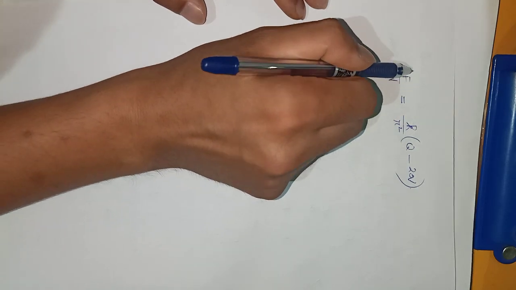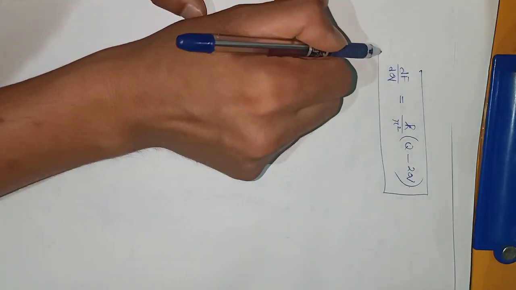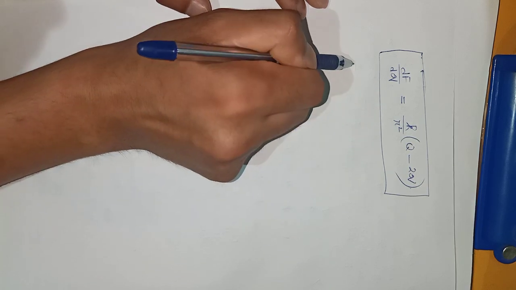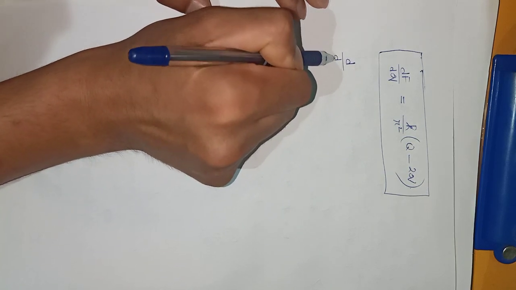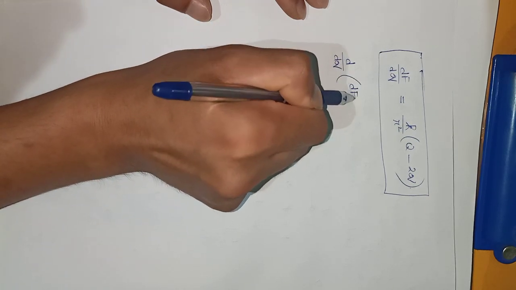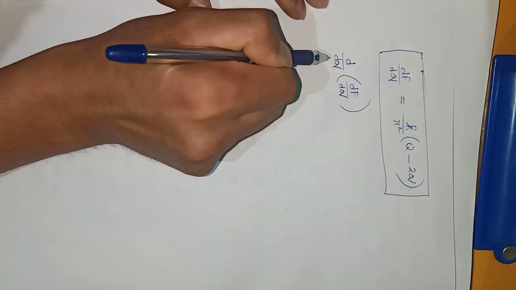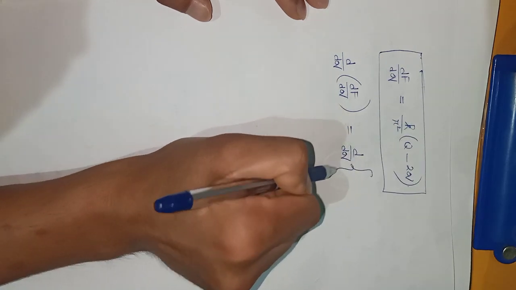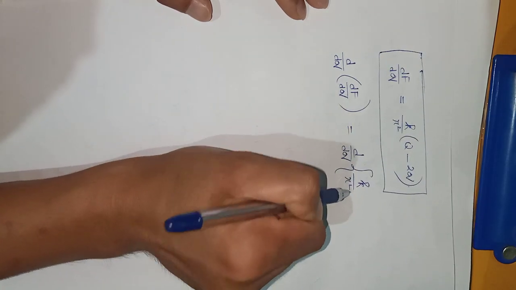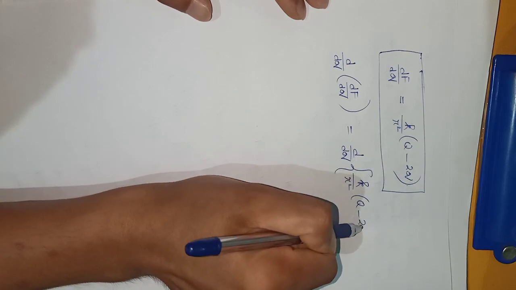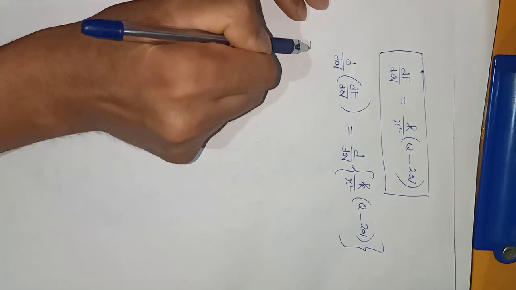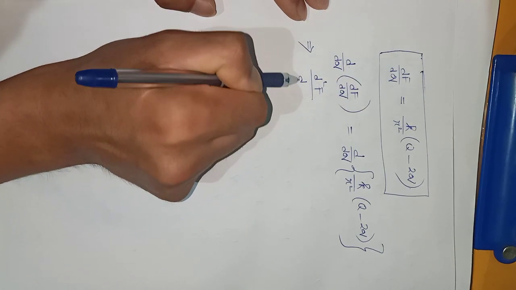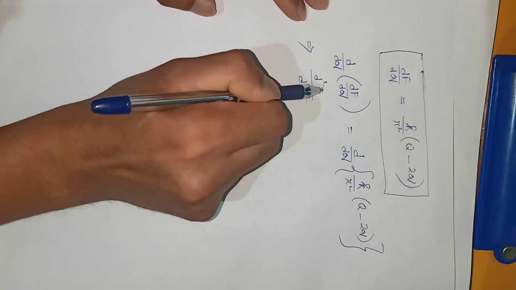Second derivative means we have to differentiate this with respect to q again. So the second order differentiation is the differentiation of dF by dq with respect to q, d by dq of K by r square, (Q minus twice q). So this gives you d square F by dq square.